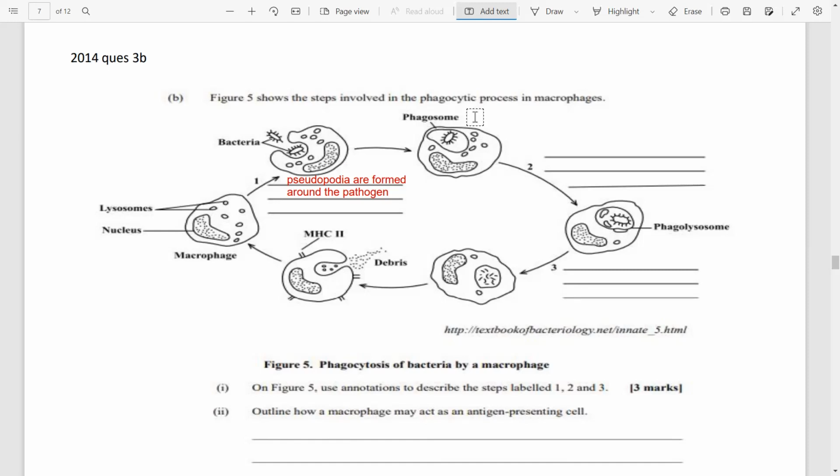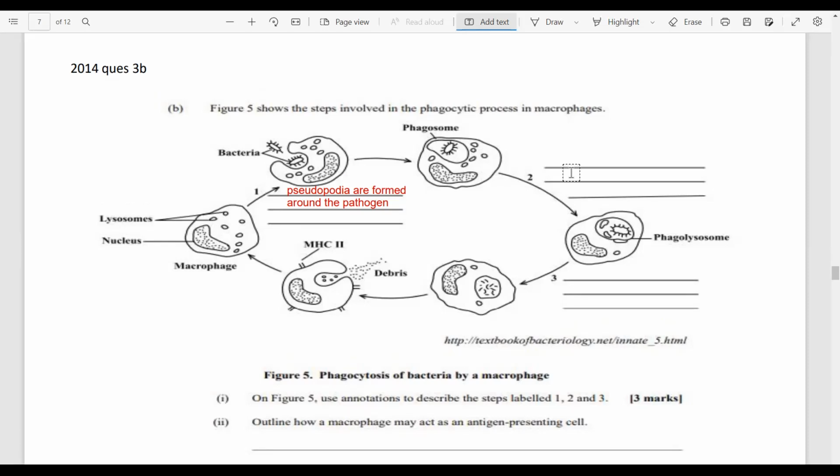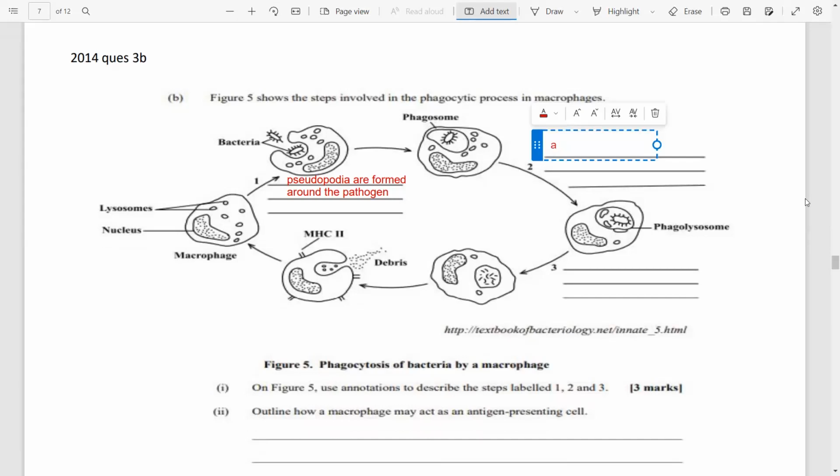All right, number 2, let me see here. The phagosome is fused with the lysosome. Well, first we have to make a vacuole. All right, so just by surrounding the pathogen completely in a vacuole, that's when we actually created a phagosome.